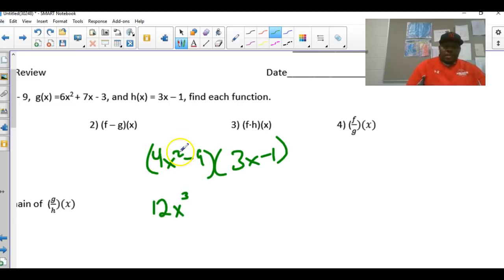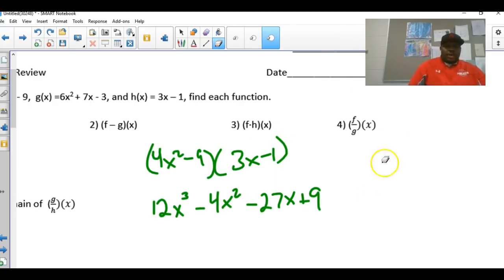Then I'm going to do 4x squared times negative 1. That is negative 4x squared. Then we have negative 9 times 3x. That is negative 27x. And finally, negative 9 times negative 1 is positive 9. There's our final answer right there: 12x cubed minus 4x squared minus 27x plus 9.